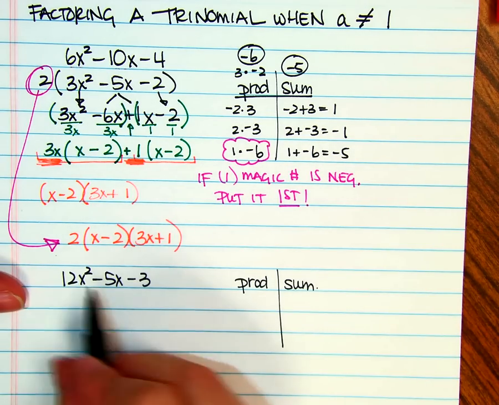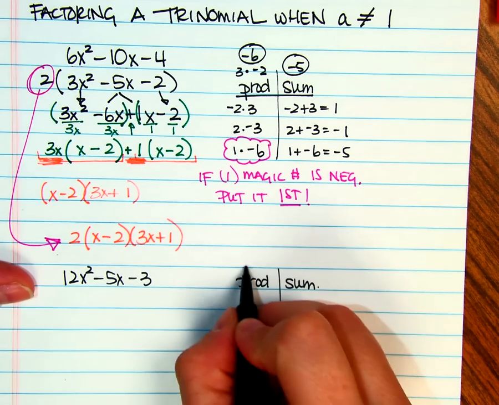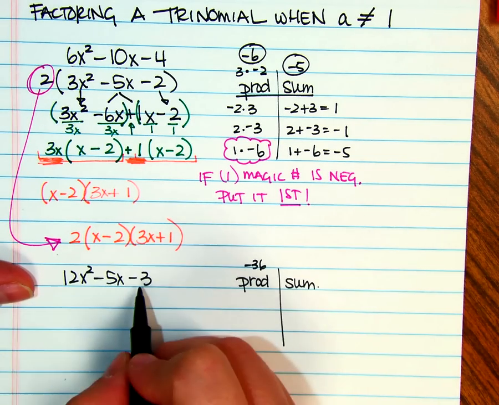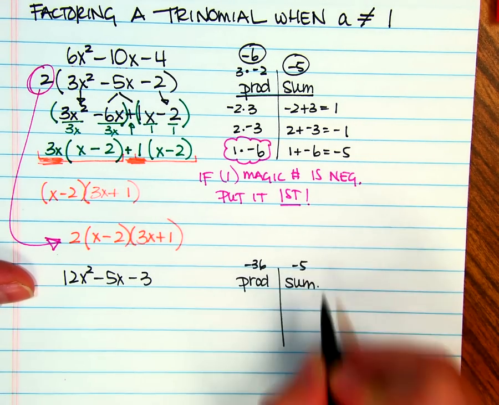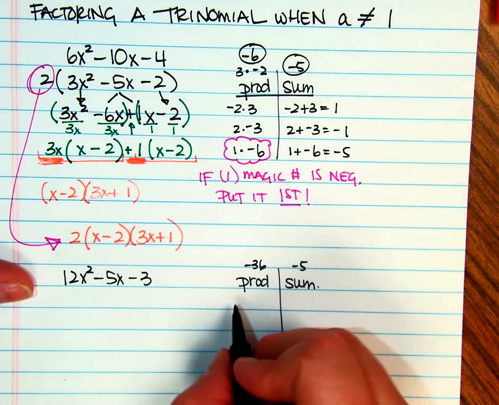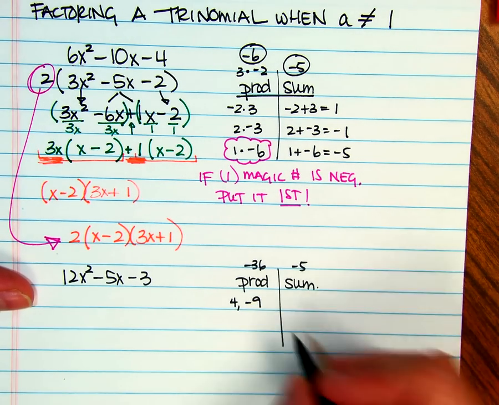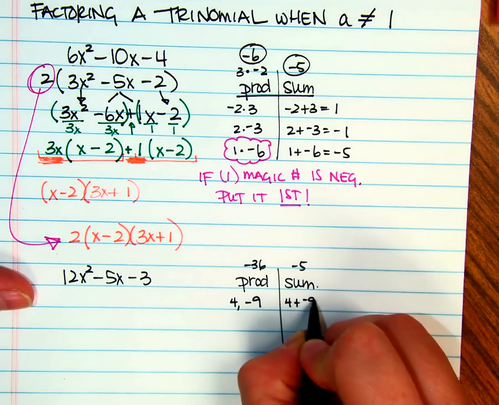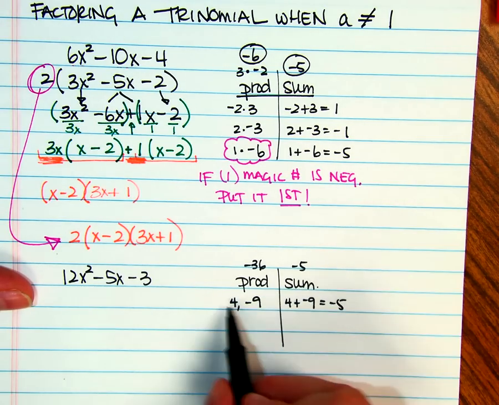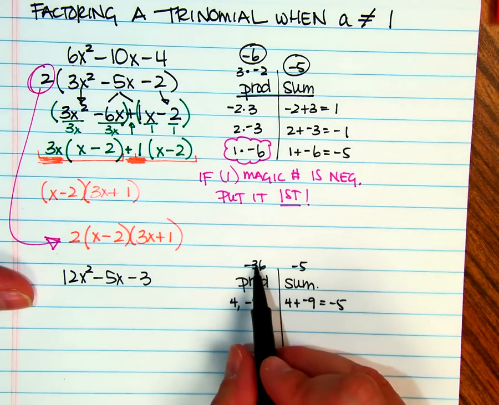And I am going to find my product of negative 36 by a times c. My sum is negative 5. I'm going to skip some steps. I know that this is going to be 4 and negative 9. 4 plus a negative 9 gives me a negative 5. Multiply them together, it gives me a negative 36.